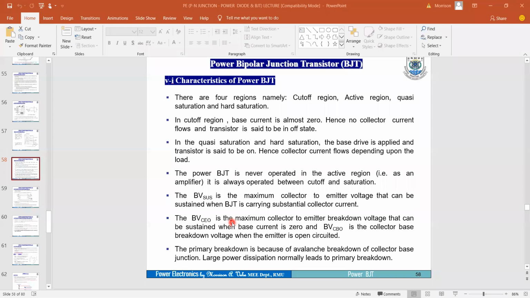Remember, we are so much concerned about the breakdown voltage to make sure that we don't allow undue reverse voltage to destroy the PN junction, so that if the device goes off and is supposed to come on, it will not be able to, or suppose it stays on and then it's supposed to go off, it will not be able to go off because you have damaged the depletion layer.